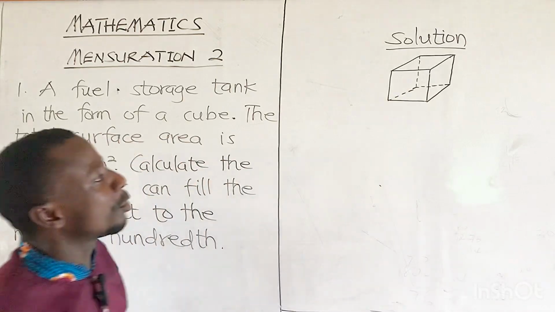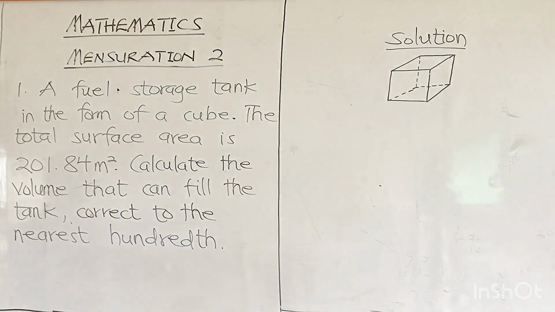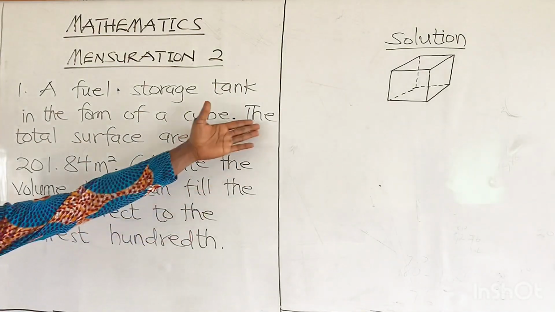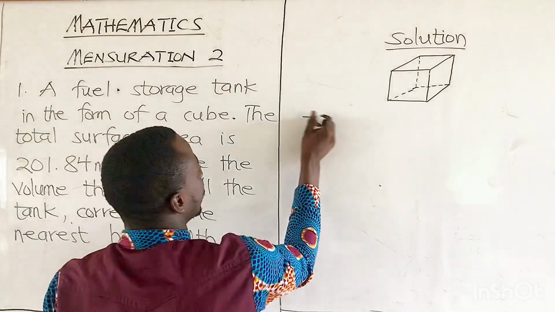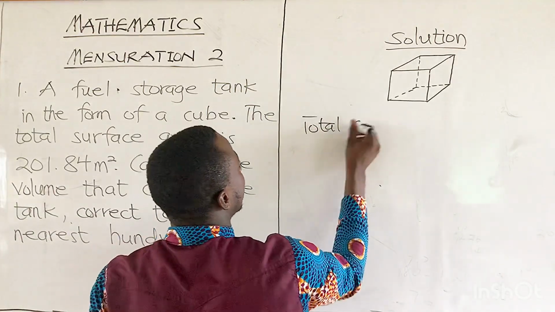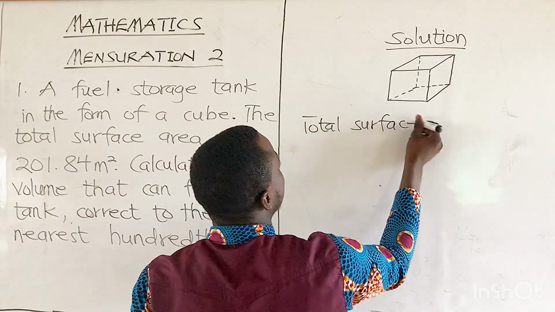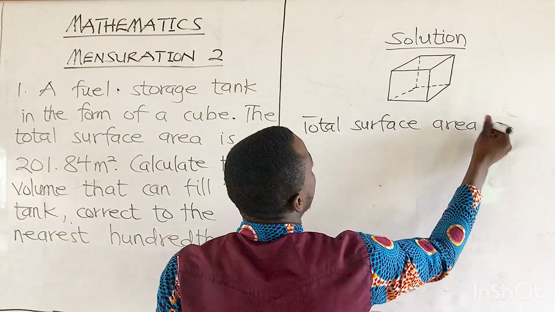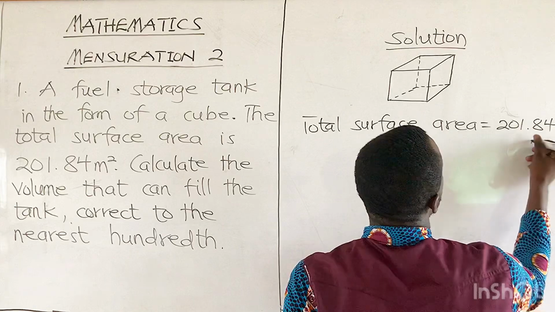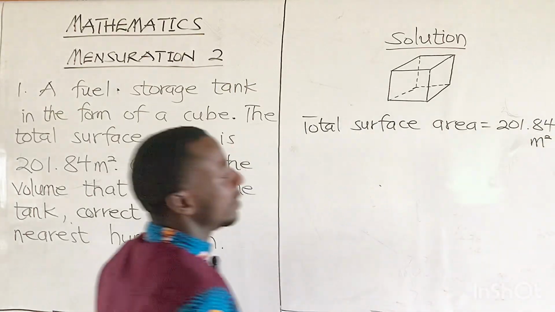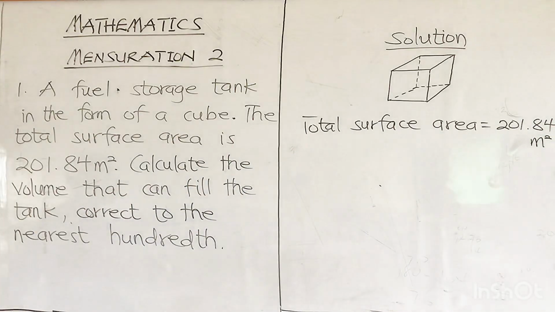All right, so this is a cube, and the question said the total surface area is 201.84 meters squared.